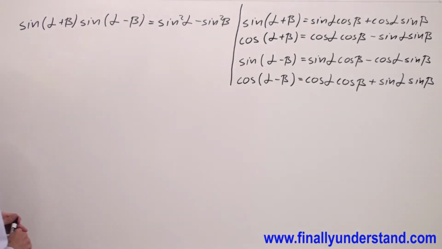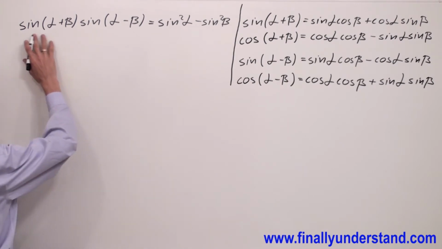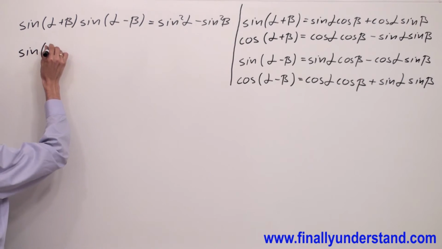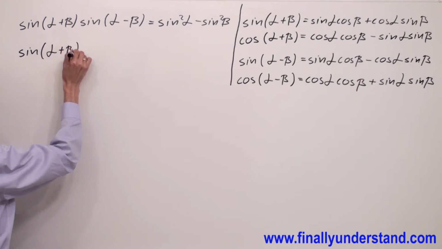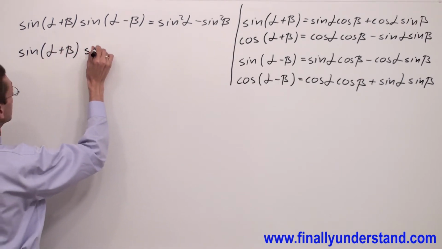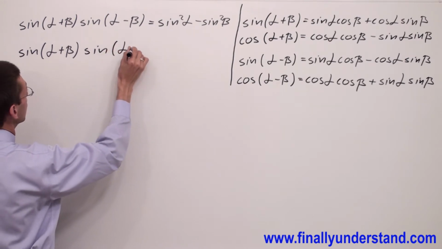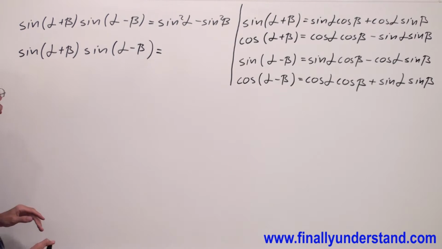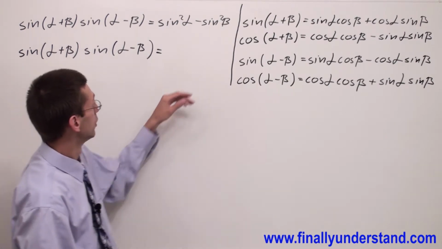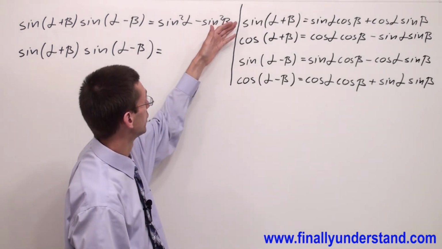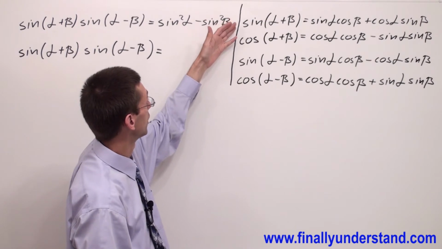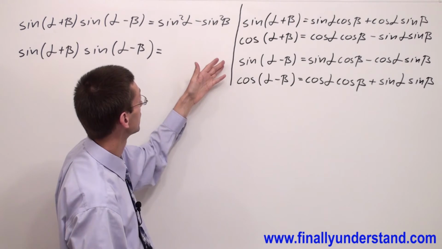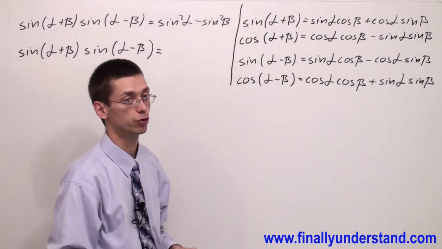So what I'm going to do first, I'm going to copy this side down. I have sine alpha plus beta times sine alpha minus beta. Next, I'm going to use this formula for the sine of the sum of two angles and the formula for the sine of the difference of two angles.